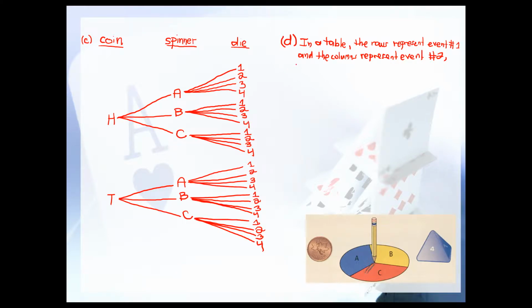There's nothing in the table that could be used to represent the third event. So a table would not work here. Which is a maximum of 2 independent events.